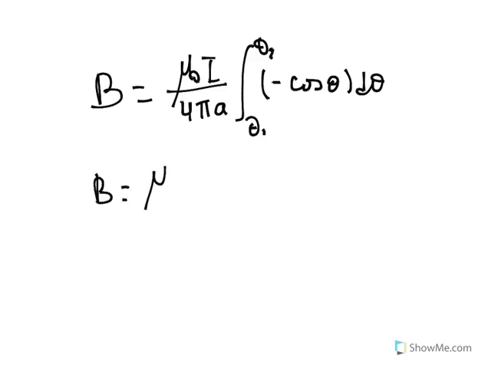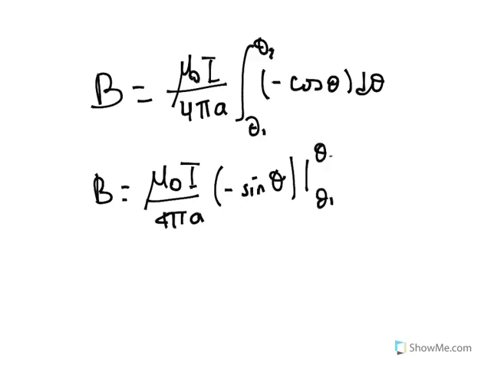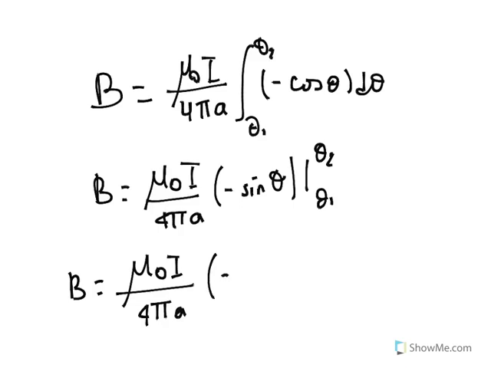So B is going to be equal to mu 0 I over 4 pi a times minus sine of theta from theta 1 to theta 2. If we evaluate this at the very end, we get an expression which is mu 0 I over 4 pi a times the sine of theta 1 minus the sine of theta 2. So this is the magnetic field due to a wire.